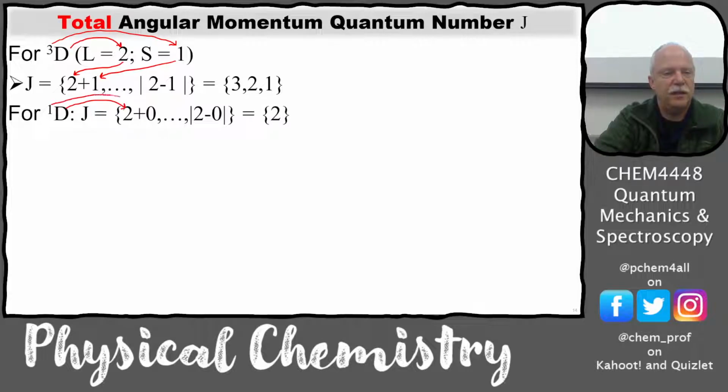For a singlet, S equals 0. And whether it's 2 plus 0 or 2 minus 0, it's still just 2. So we only have one term for this, and so that would be singlet D2 as the energy level for that term.